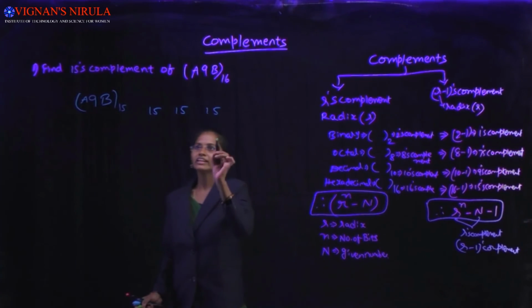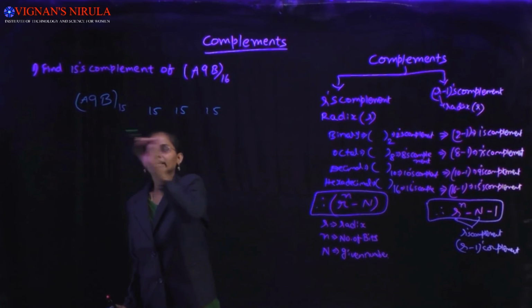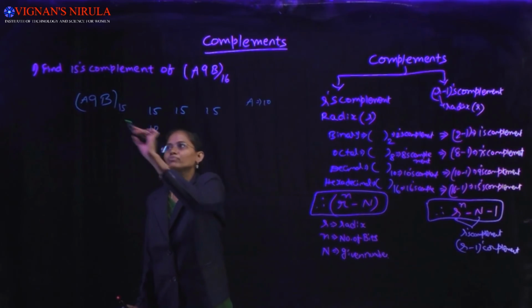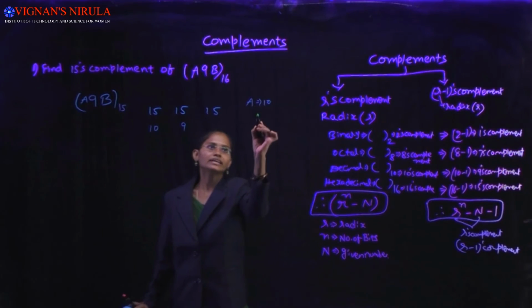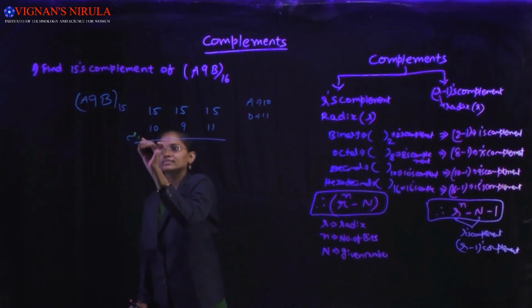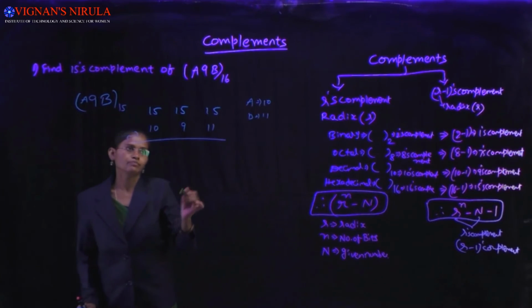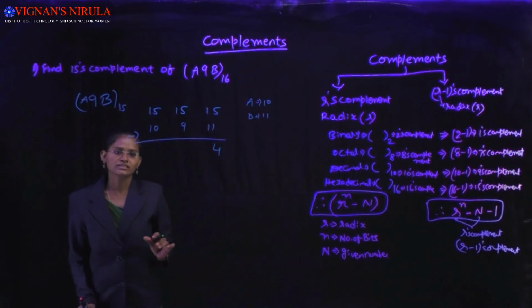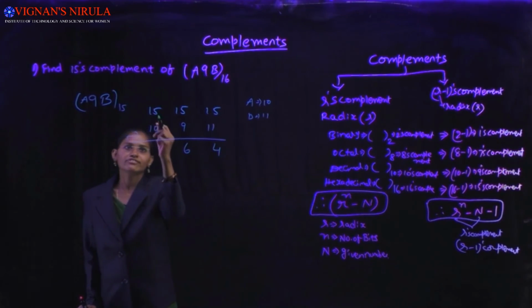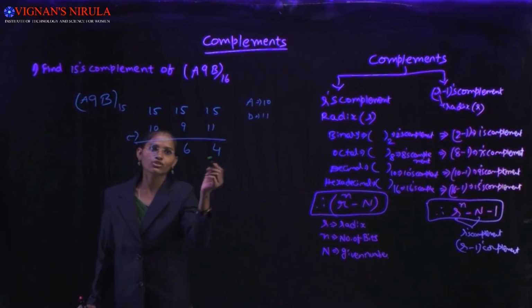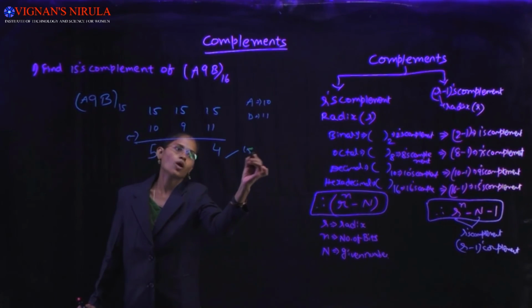A in decimal is 10, and 9, and B is 11. Then subtract: 15 minus 11 is 4, 15 minus 9 is 6, and 15 minus 10 is 5. Okay, 564 is the 15th complement.